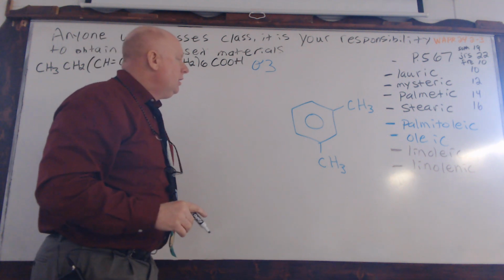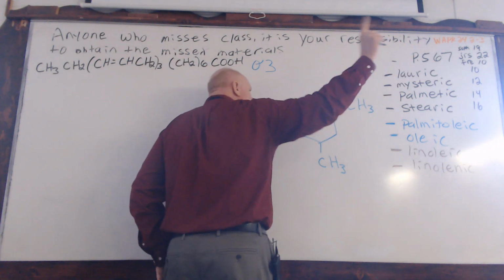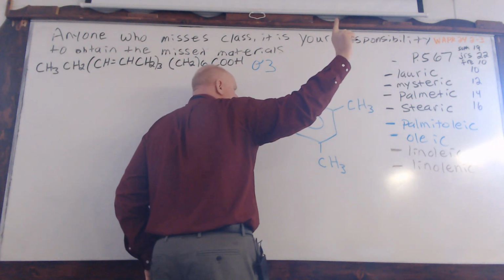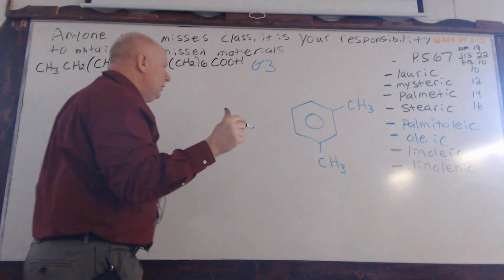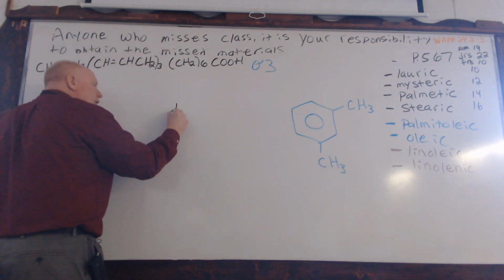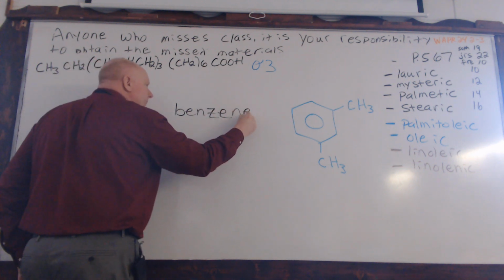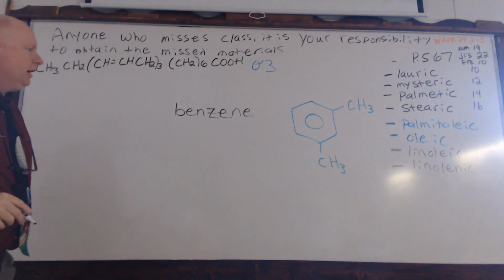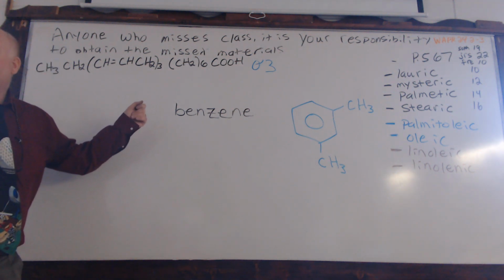Okay, so where is number 1 located here? Let's leave this up here. We know it's benzene. And then where are those derivatives located? 1 and 3.